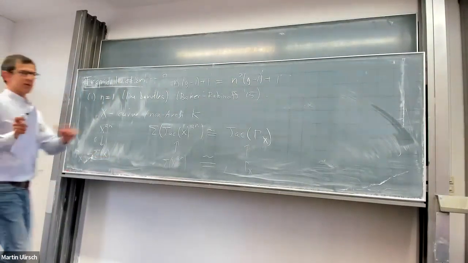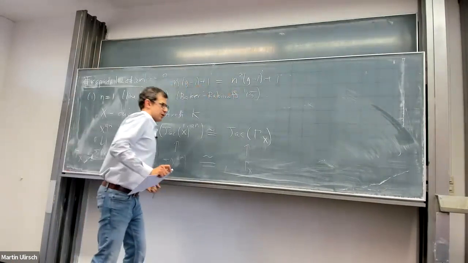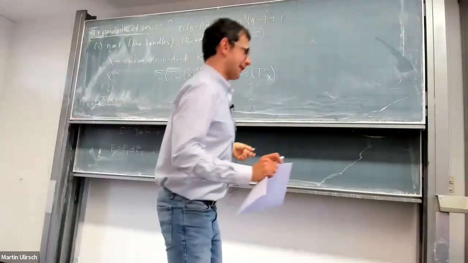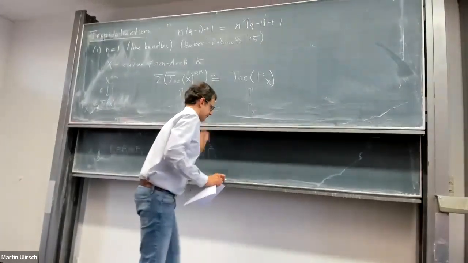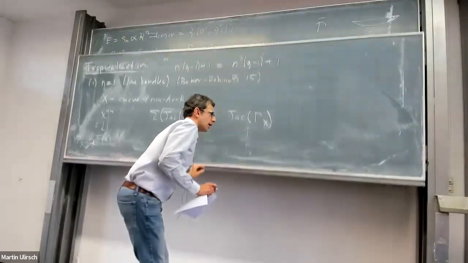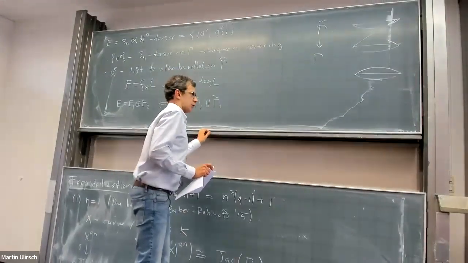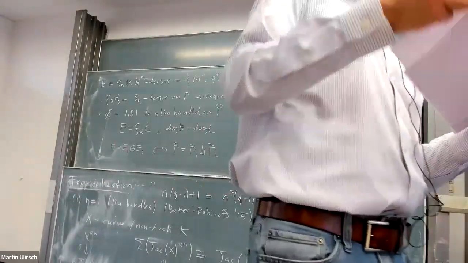But of course, the other case when these two formulas agree is if g is equal to 1. And so it turns out that vector bundles over curves of genus 1 also tropicalize nicely.